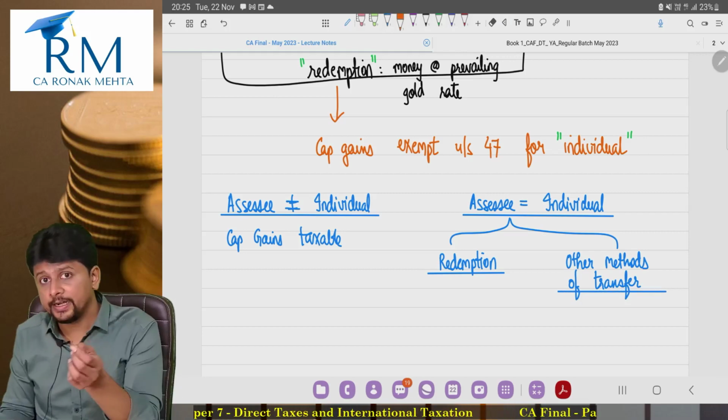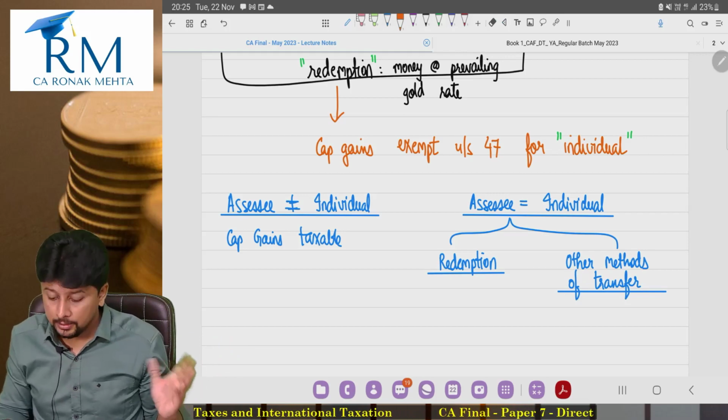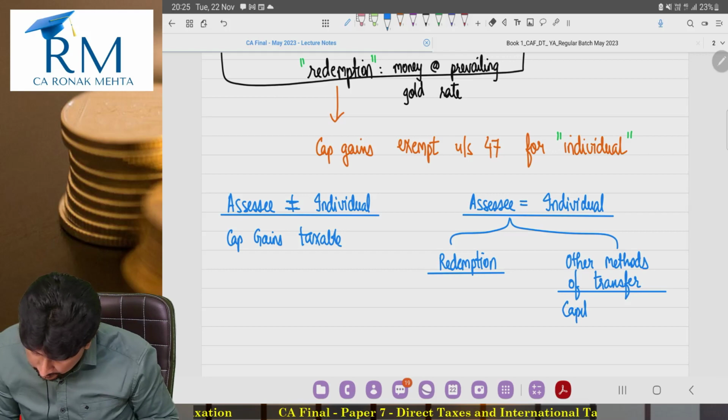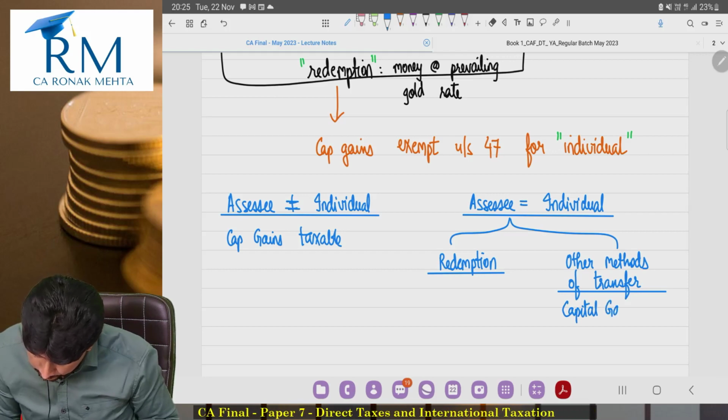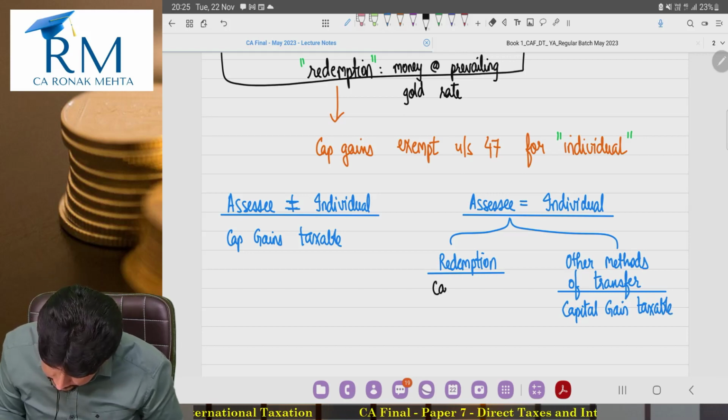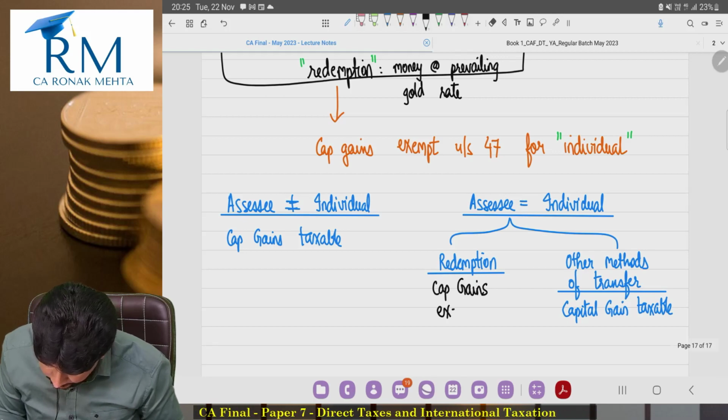Arey beta, only redemption is exempt na. Only redemption is exempt. So other methods of transfer, even if you are an individual, capital gain is taxable. This is the only situation where capital gain is exempt.